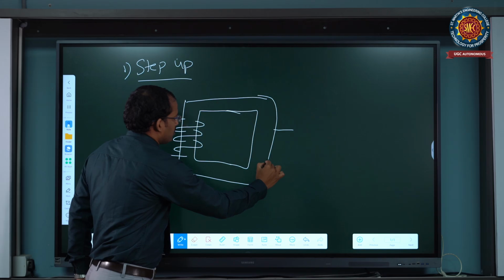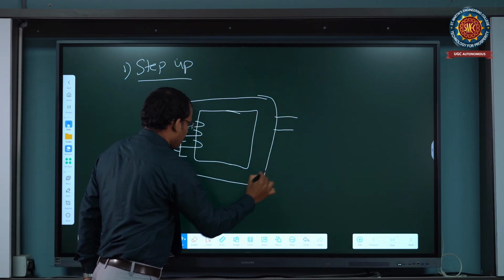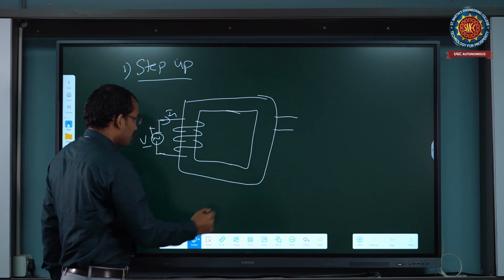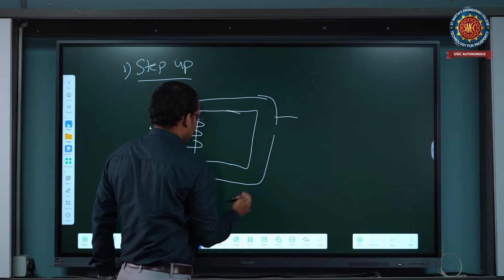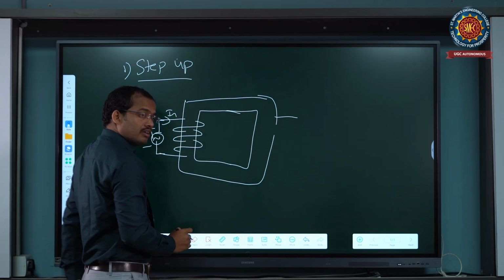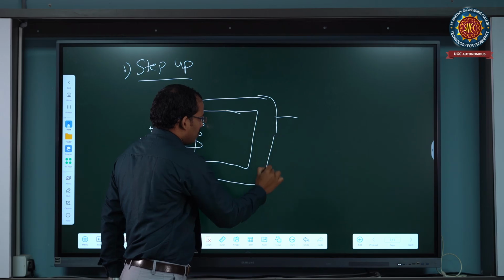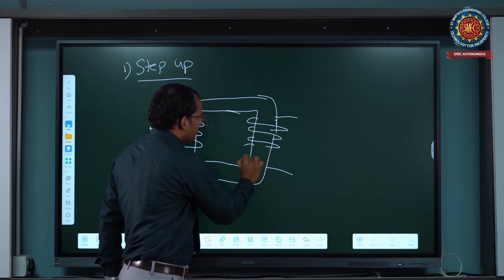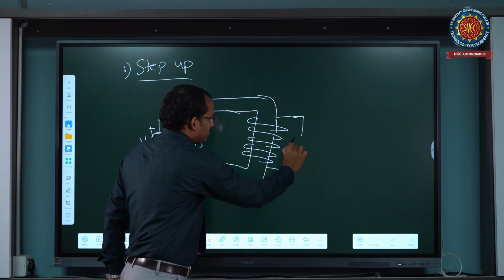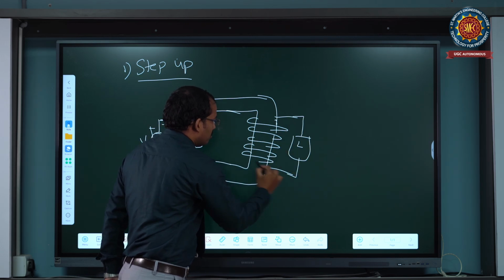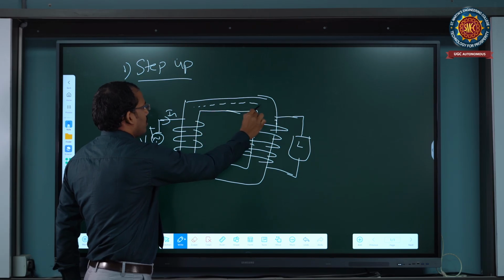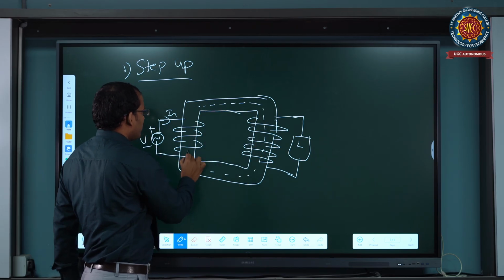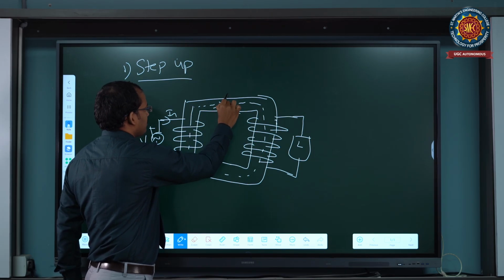Step up means the secondary side coil has more turns compared to the primary side. This is connected to the load side. The mutual induction principle works automatically, interlinking the flux.